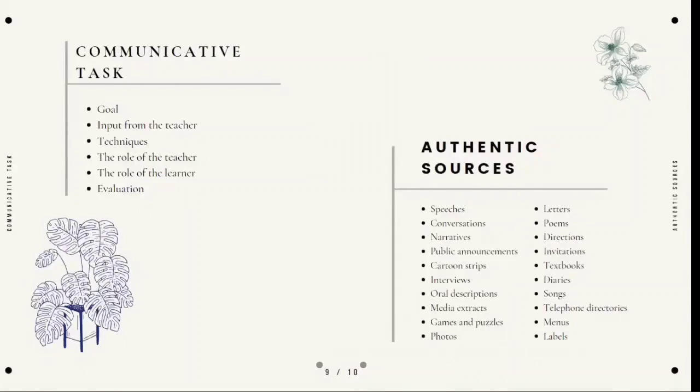Authentic sources: speech, conversations, narratives, public announcements, cartoon strips, interviews, oral descriptions, media extracts, games and puzzles, photos, letters, poems, directions, invitations, textbooks, diaries, songs, telephone directories, menus, and labels.